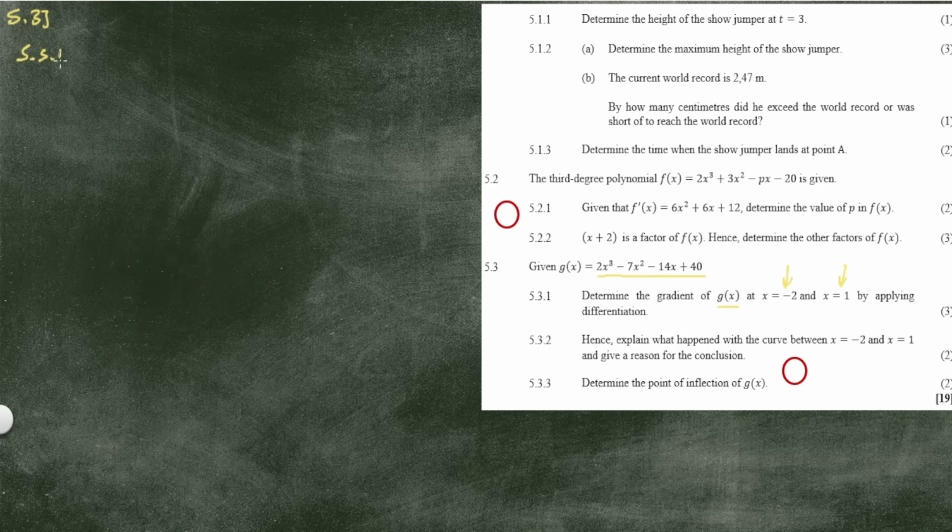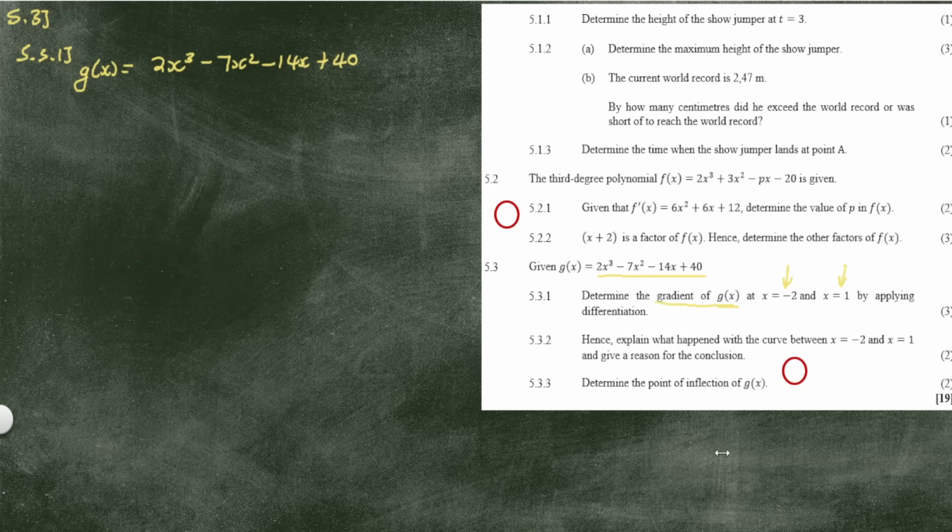So 5.3.1. It's g. We are given g of x to be 2x cubed minus 7x squared minus 14x plus 40. Now, determine the gradient of g.